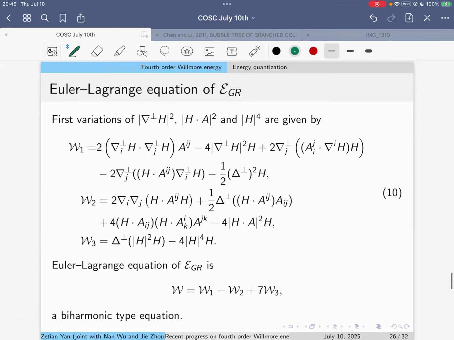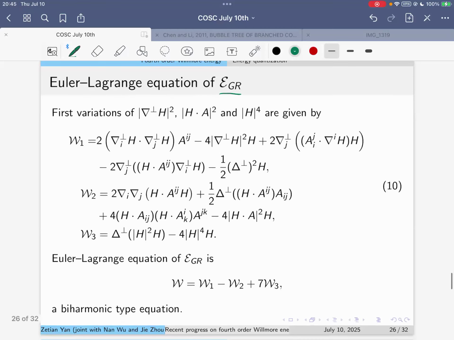Okay, so right now, if you would like to do the same thing for the fourth order Willmore energy, first of all, we need to clarify the Euler-Lagrange equation, right? So the Euler-Lagrange equation for the Rubinstein-Wolansky energy is very complicated. So here I list the first variation of 3 building blocks in this functional.